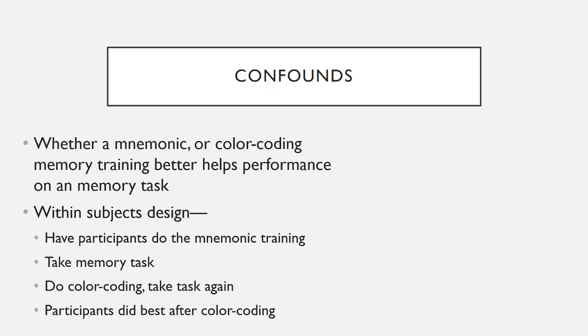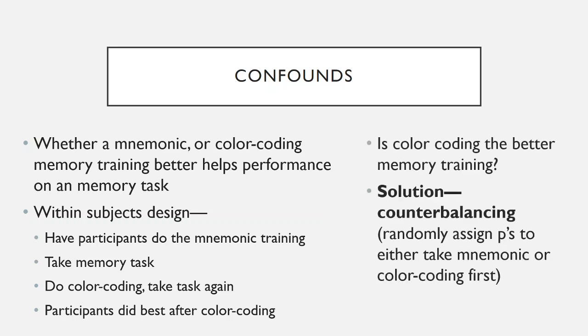I have my participants do the mnemonic training first. They take the memory task once. They do the color coding training. They take the memory task again. Participants then did the best after color coding. I conclude, based on a repeated measures t-test, that participants get the most memory benefit from color coding training. Well, no, I cannot conclude based on that garbage that the color coding was better.